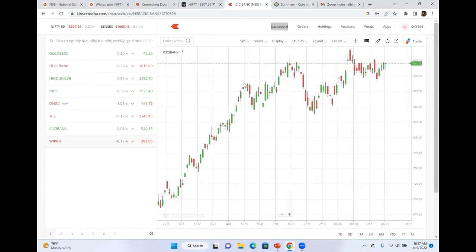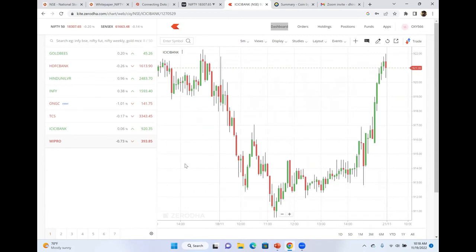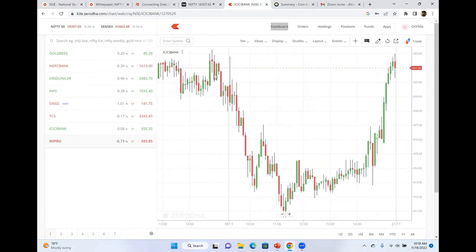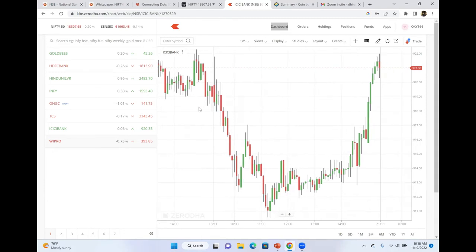As soon as I change it to a 5-minute time frame, as you can see, at 2 o'clock on the 18th, which was Friday, yesterday, when the market opened, this is where it opened, where my cursor is. And then steadily it fell, kept on falling, went up a bit, fell again. After falling, there was a time when it remained in a range, and then towards the end of the market closing, at around 2:15, 2:20, it suddenly shot up.